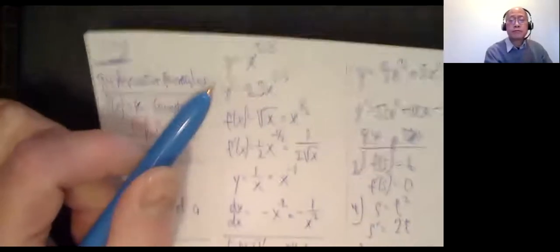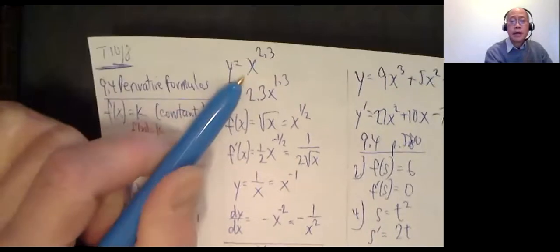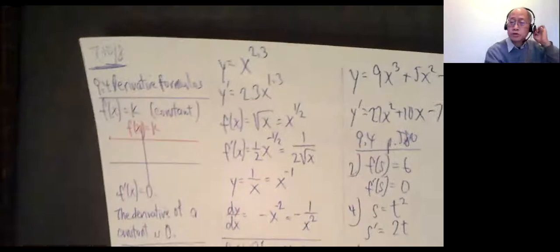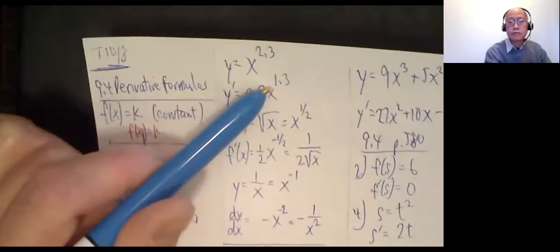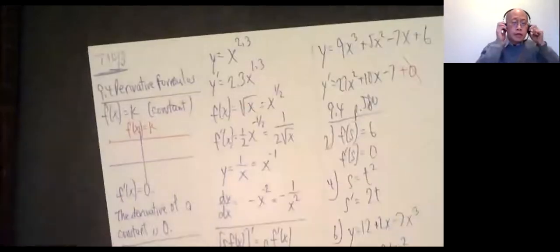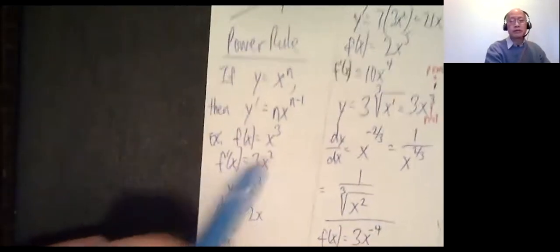So y prime is 2.3 comes down, x to the 1.3. 2.3 subtract 1, 1.3. Okay, so this is called the power rule. A lot nicer than keep doing limit h approaches 0, f of x plus h minus f of x all over h, all that stuff.